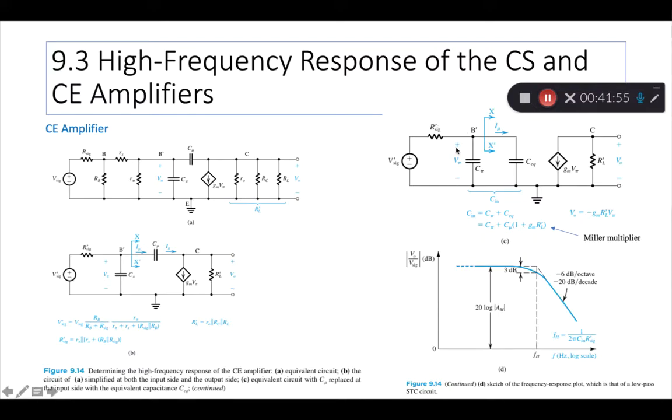V pi is the value here, and we can find V pi, right? V signal is just being dropped here a little bit and the rest is V pi. So that's shown here.